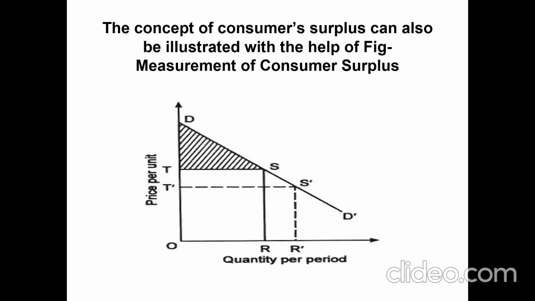Now, what are the difficulties? Let's see. Consumer surplus is measured by the area under the individual demand curve between two prices. So it is a monetary measure, although originally represented in terms of surplus utility by Marshall. So it is a measure of the benefit to the consumer, net of the sacrifice he has to make, from being able to buy a commodity at a particular price.